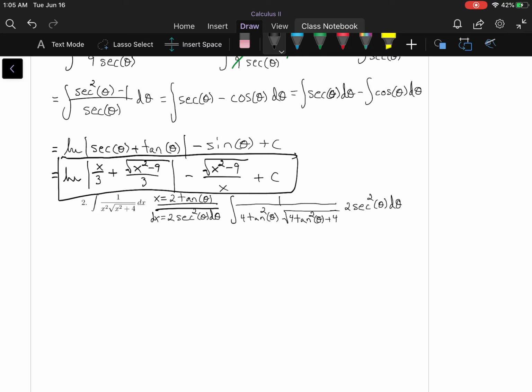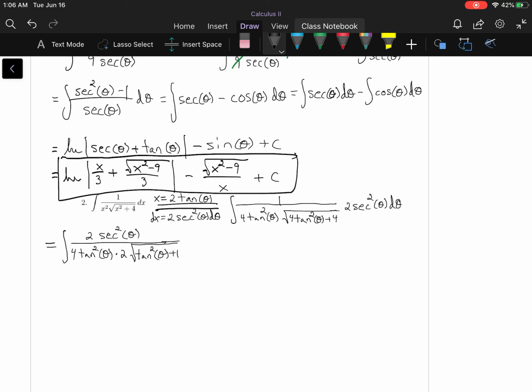So let's start simplifying wherever we can. So this is the integral of, we have a 2 secant squared on top, we have a 4 tan squared on bottom, and I'm going to pull the 4 out of the square root. I'm going to factor it, and so that's going to give us a 2. And we have the square root of tan squared theta plus 1.